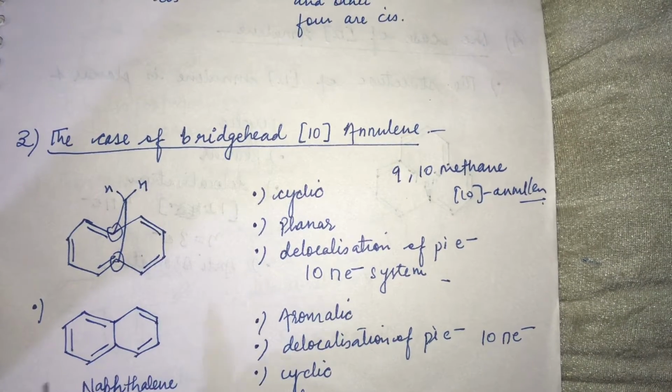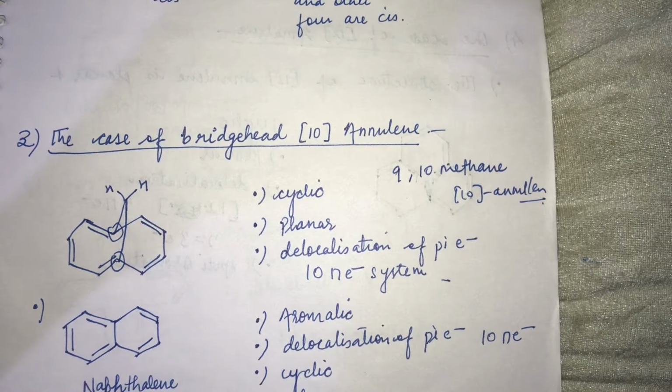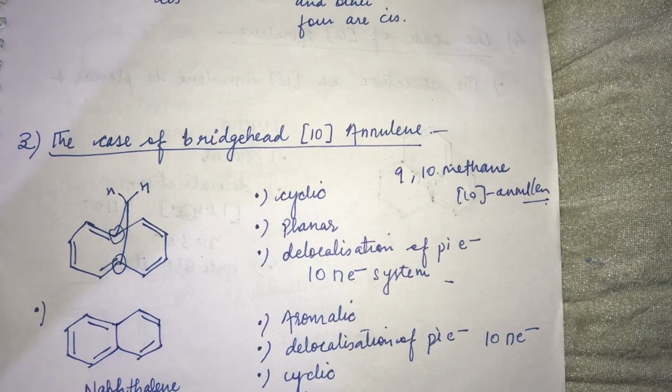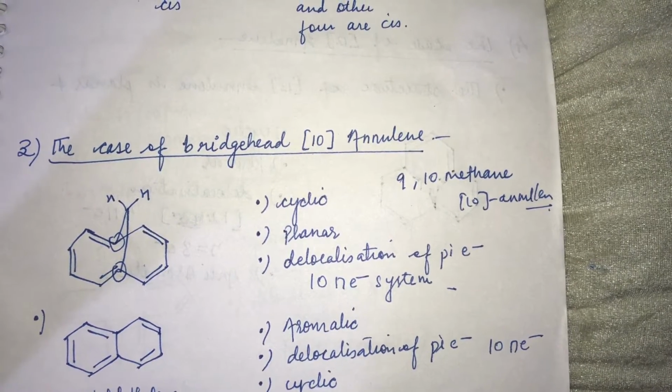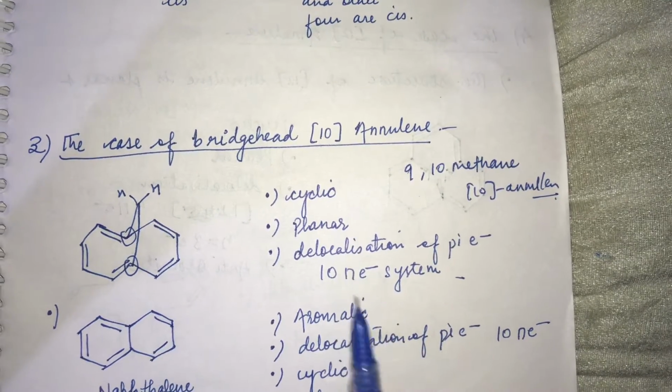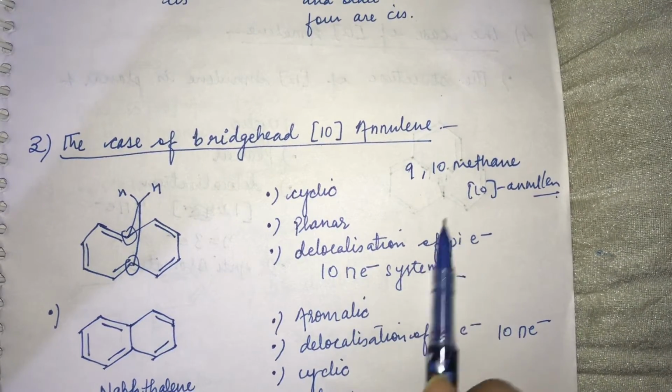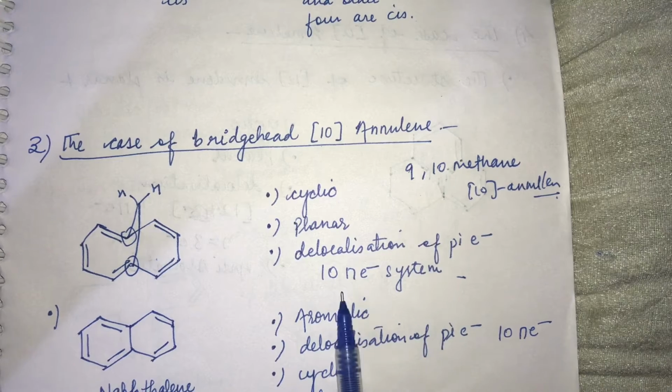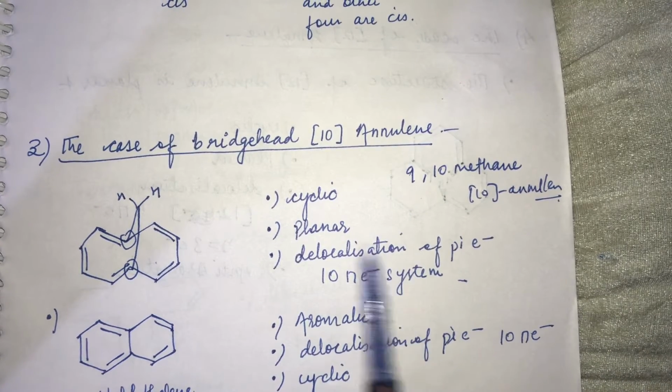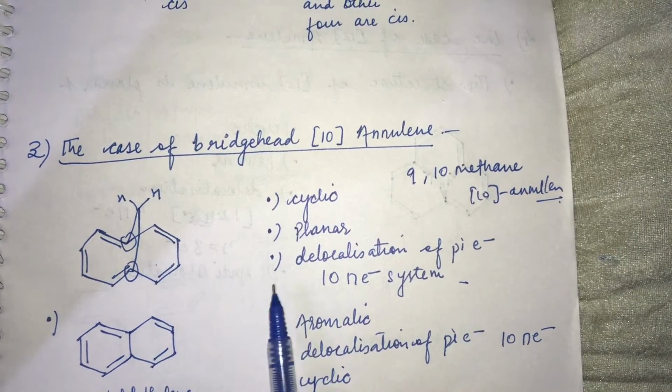Hence the 10 carbon atoms remain in plane, thereby fulfilling the conditions of cyclic, planar and continuous delocalization of pi electrons, that is a 10 pi electron system. It is considered to be an aromatic compound.